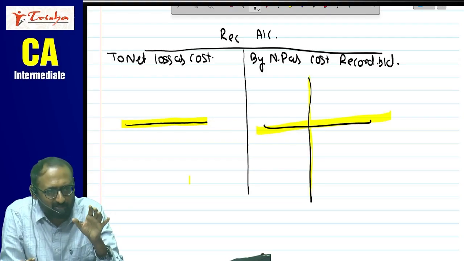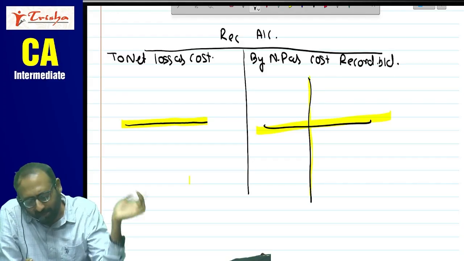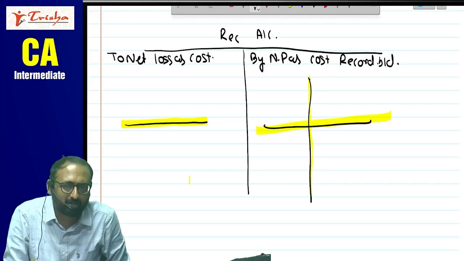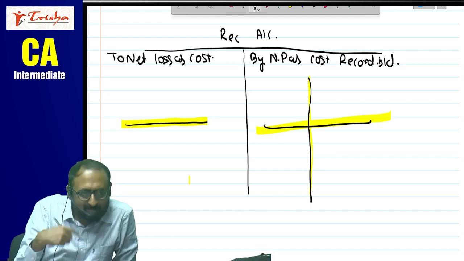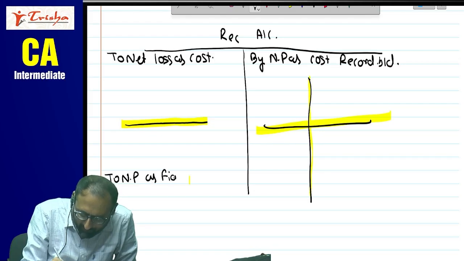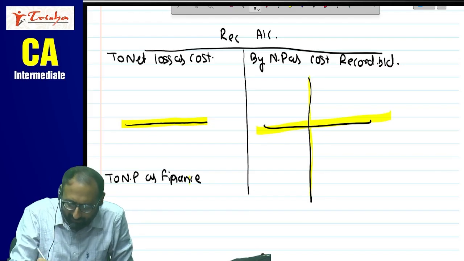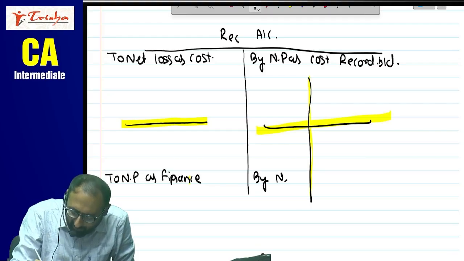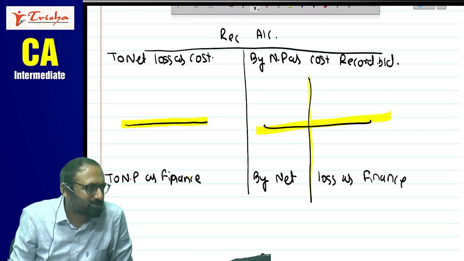Whatever add and less we do, all less transactions go onto the debit side, all add transactions onto the credit side. Next, if as per finance there is a net profit, then you'll write: to net profit as per finance. And under finance, if there is a loss, by net loss as per finance. Sirji, please remember this point.